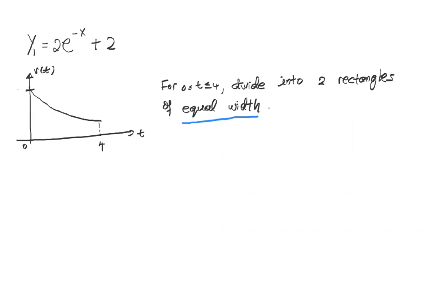What do you mean by equal width? If equal width, I have to find the width first. How to find the width? What is the interval of time? So you have to get the width of the interval first. The width of the interval is 4 minus 0, divided by how many rectangles I'm going to divide into? 2.